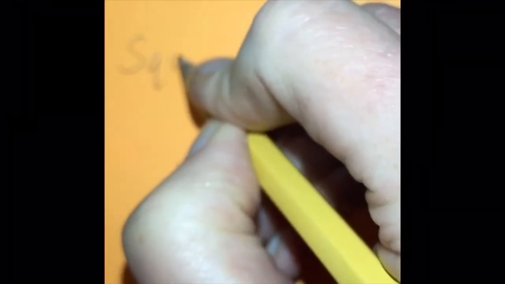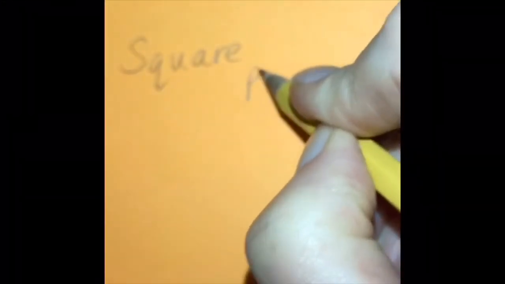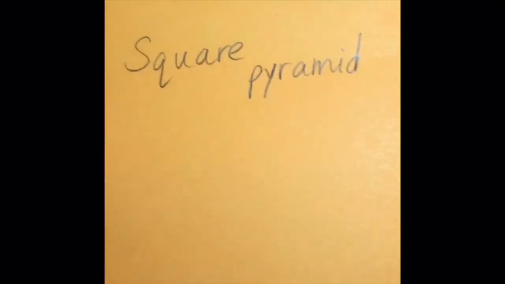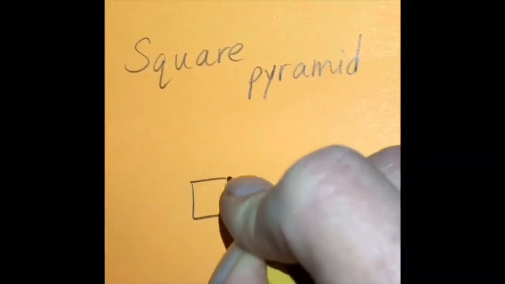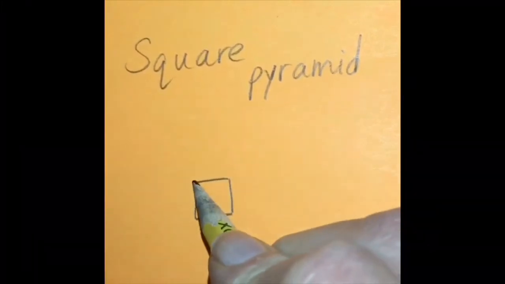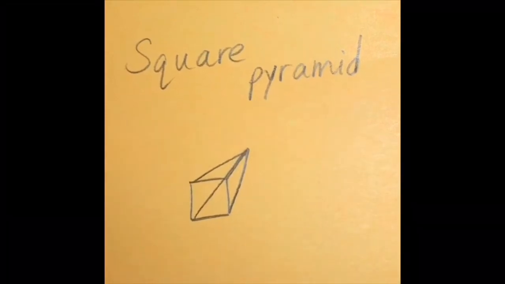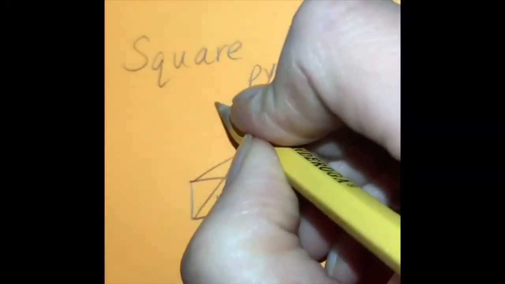The next type of pyramid is a square pyramid. A square pyramid has one face that is shaped like a square.